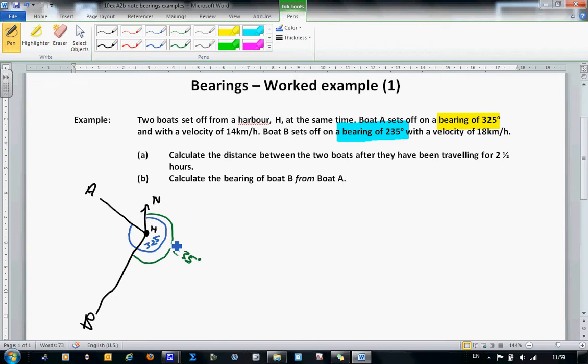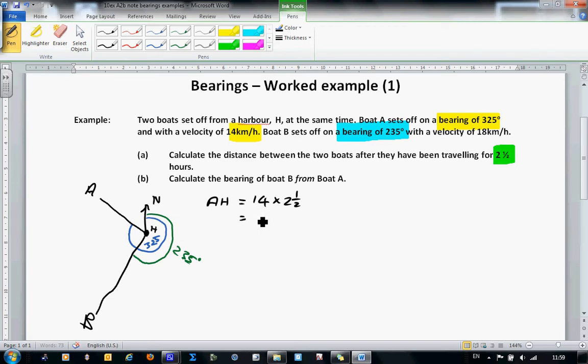So the distance travelled. Let's have a look at the distance AH. Well, AH is boat A, which is going at 14 kilometers an hour. How long is it going for? 2.5 hours. So we've got 14 times 2.5. It's 28 plus a half hour is 7. It's 35 kilometers.